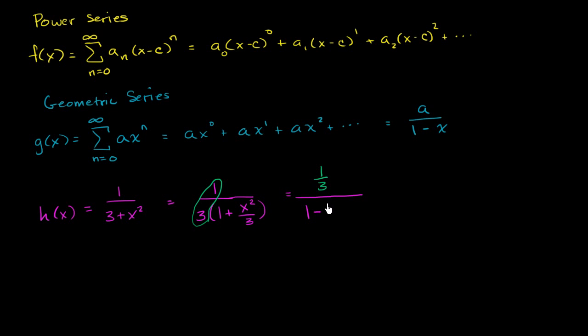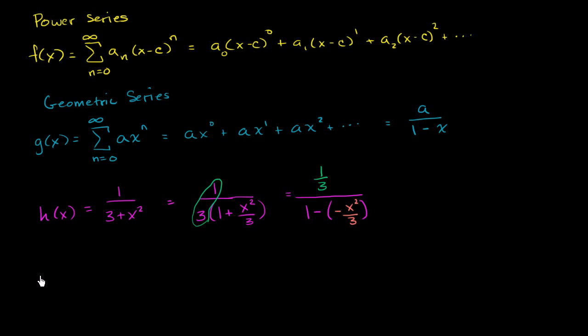So 1 minus, and I could write negative x squared over 3. Notice, adding x squared over 3 is the same thing as subtracting negative x squared over 3. So now I've written it in this form. I have my a would be 1/3, and then my common ratio x is going to be negative x squared over 3.